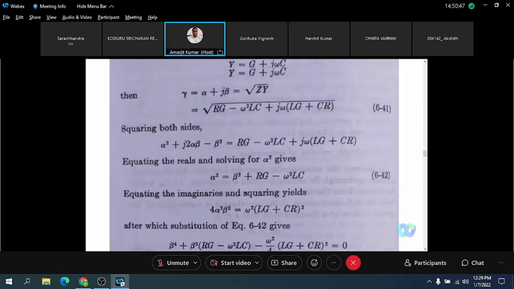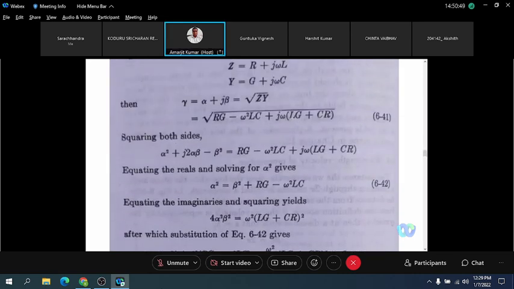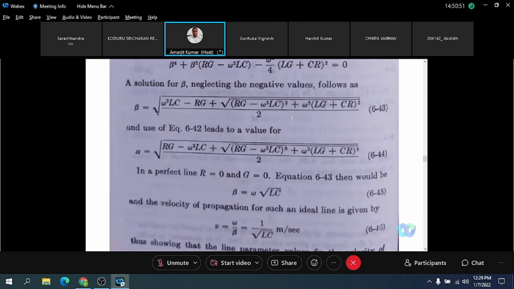After solving this equation, you get alpha and beta in terms of R, L, G and C, the primary constants of the transmission line. After solving you will get these two equations.